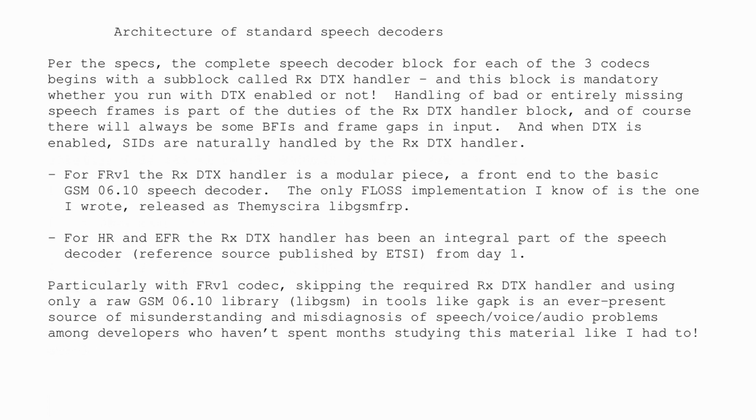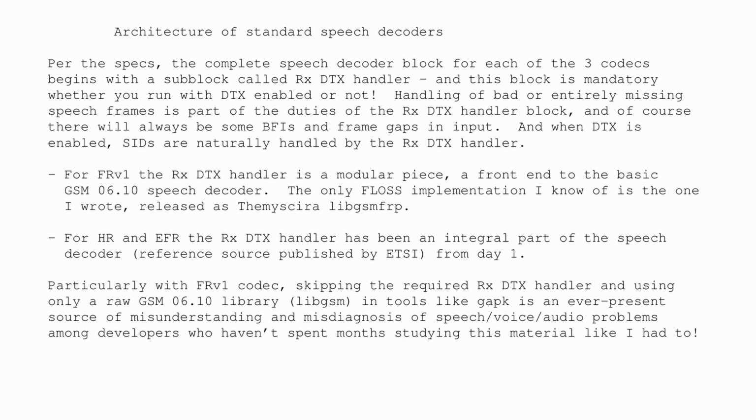So in the standard architecture, you have the RxDTX handler sitting in between the channel decoder output and the input to the speech decoder proper. And it's especially so for the FR1 codec, because for the FR1 codec, this RxDTX handler is a modular piece. It's a separate modular component.